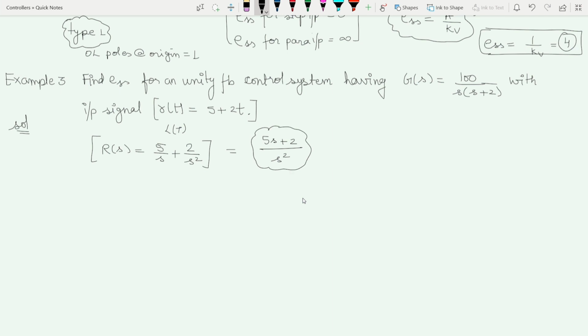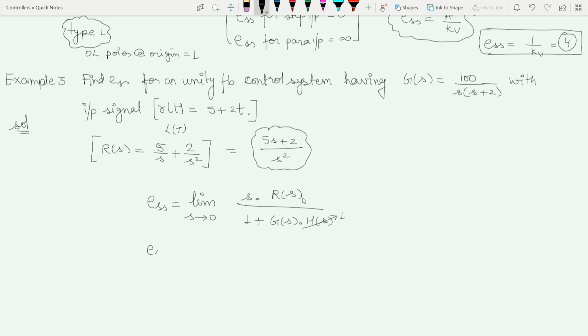As we all know, the steady state error equals the limit as s tends to 0 of s into R of s divided by 1 plus G of s into H of s. As it is given as unity feedback, H equals 1.